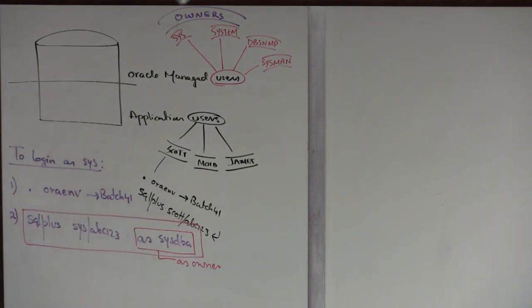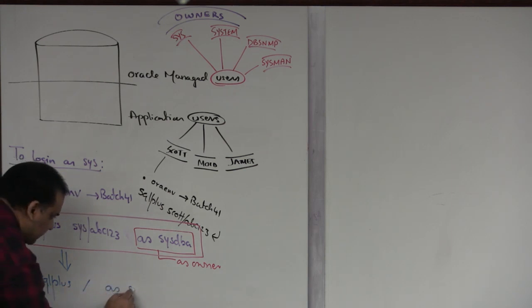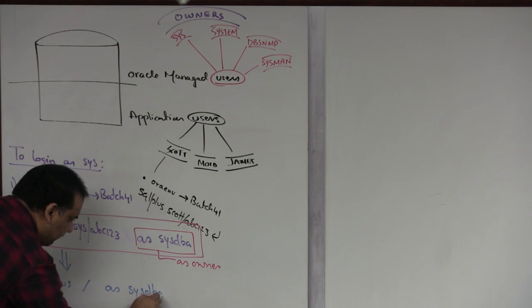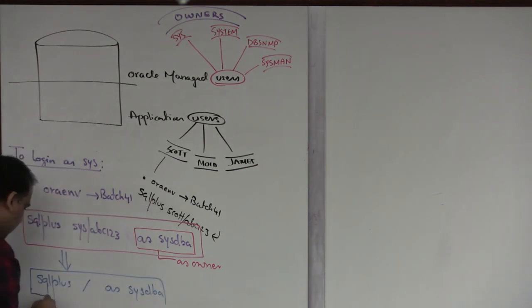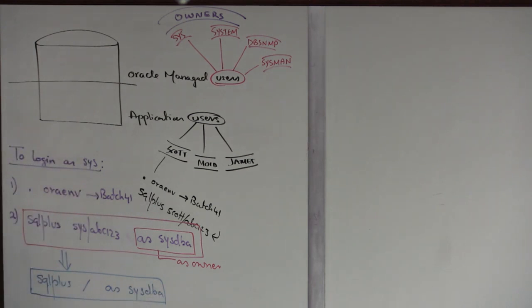However, because you are already logged in as the Oracle owner, it is easier if you do something like this: SQL plus / as sysdba. Now this is the magic command. As long as you work as a DBA, I'm pretty sure that you will be using this command multiple times every day. This will not prompt you for the password.